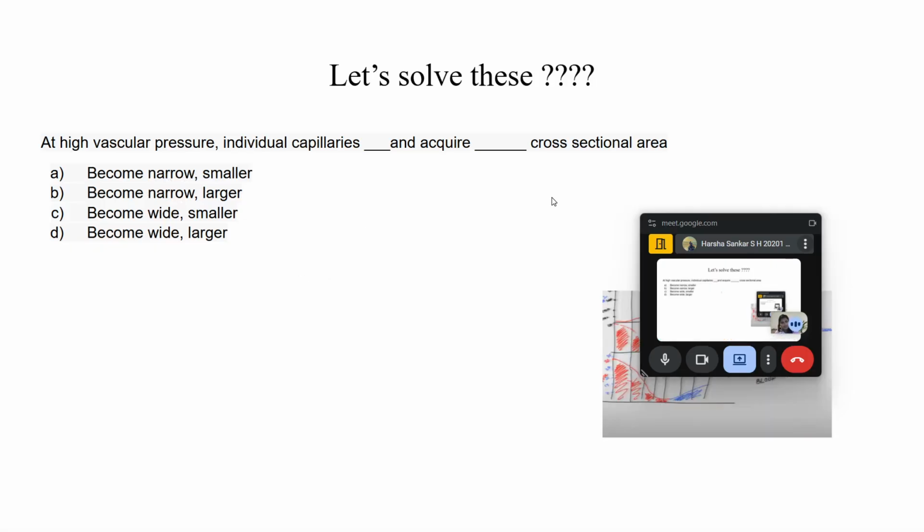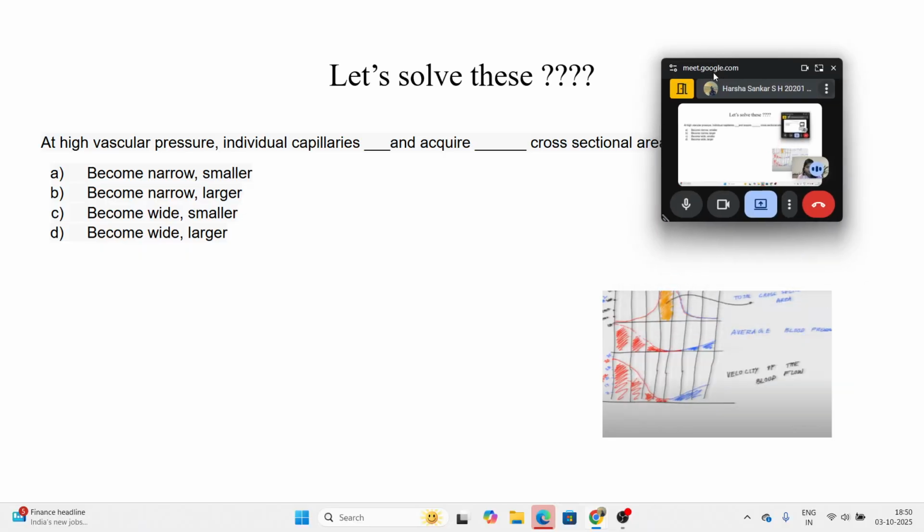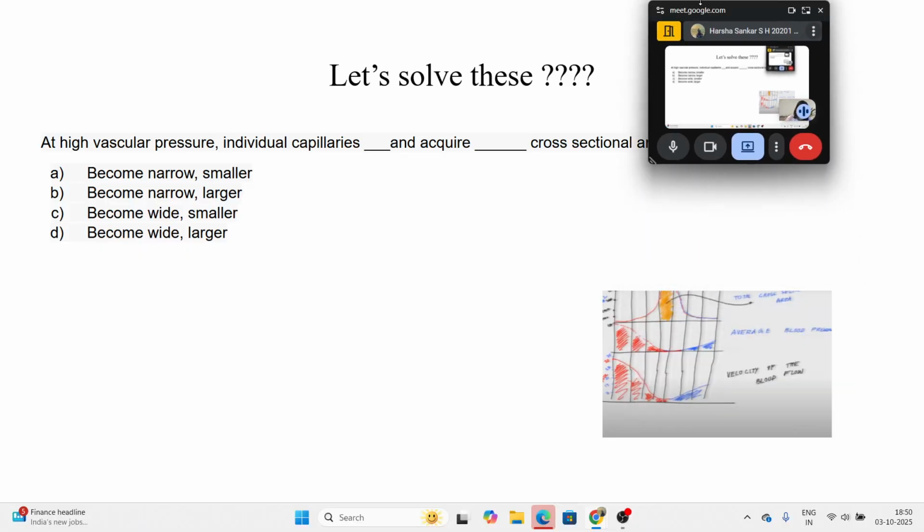Let me go back and show the chart. So the pressure is high and the capillaries acquire dash cross-sectional area.